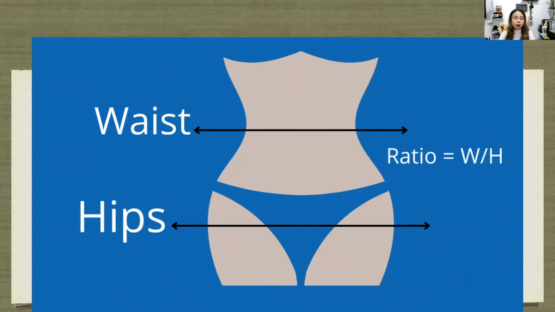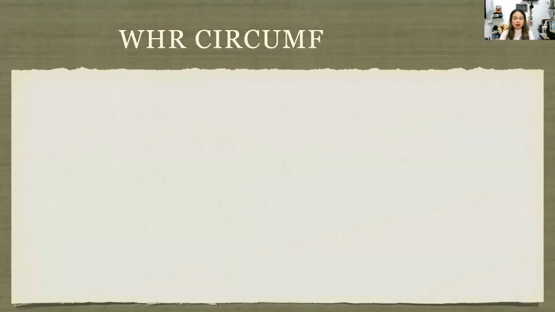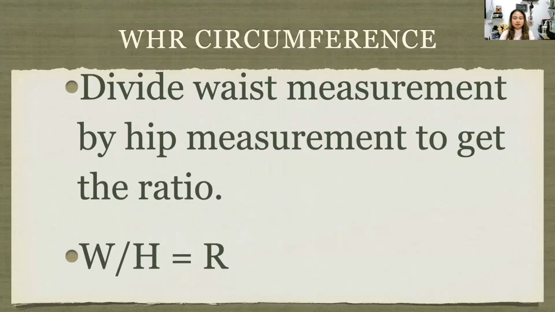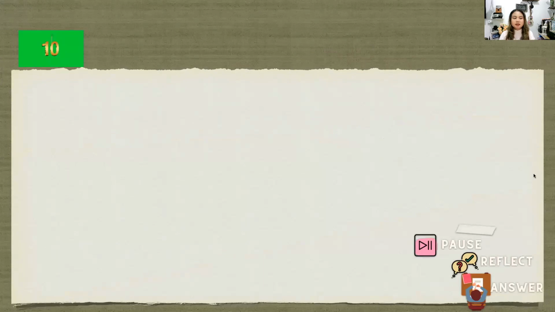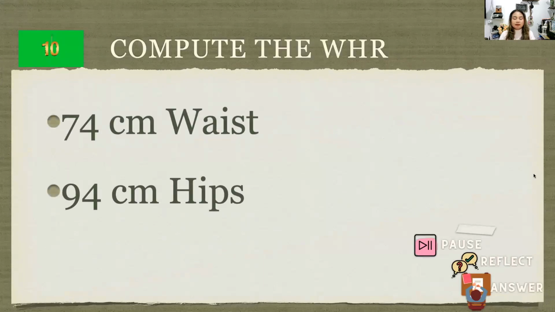Once you already have your waist and hips, divide the waist measurement by the hip measurement to get the ratio. So that's the formula. Suppose you have a 74 centimeter waist and 94 centimeter hips. What do you think is the ratio? The WHR. I'll give you 10 seconds to answer this.